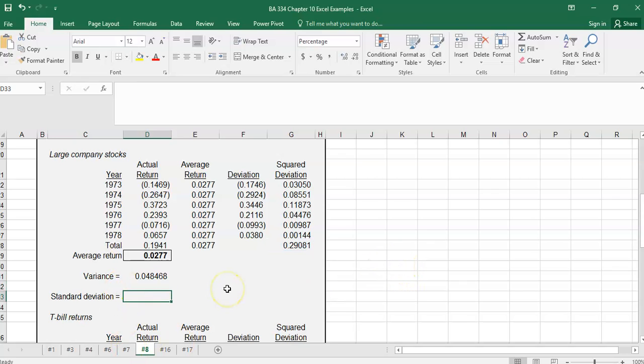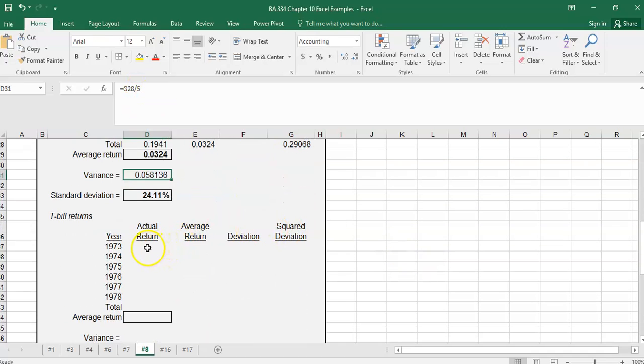The standard deviation is the square root of the variance. So I updated my formulas because it was actually 6 years instead of 7 years. So it's 6 for the average and 5 for the variance. So let's do the T-bills.